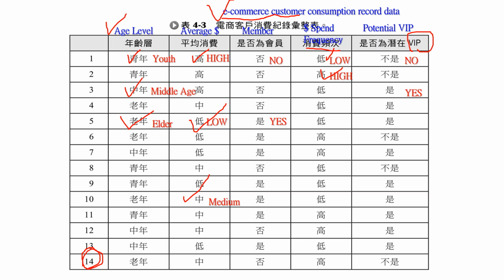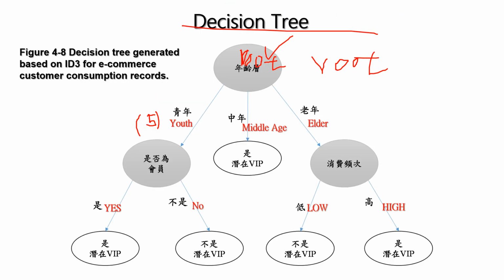And 中年, 1, 2, 3, 4, okay? Remember the word cloud, right? We used HTML5, okay? 4 here, okay? But this is a number, numerical, okay?